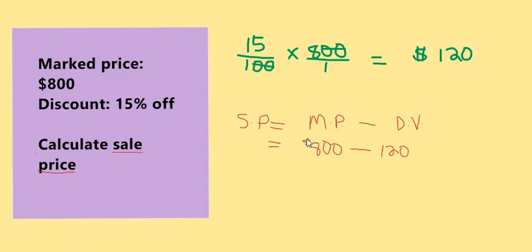Let me put my dollar sign. All right. And so when I take 120 from 800, that leaves me with $680. So the sale price, how much is the item being sold for? $680. Now there is an even easier way of solving this problem, and I am going to show you that way now.